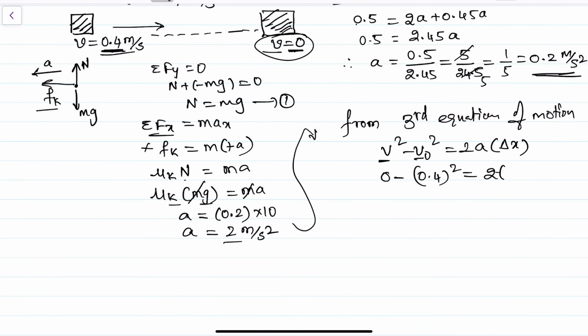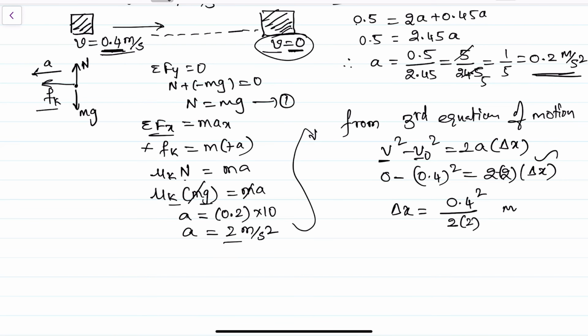Acceleration is how much? 2, into 2 into delta x. You need to solve for delta x here. So delta x equal to 0.4 whole square divided by 2 into 2. This is the answer you will get, in meters.